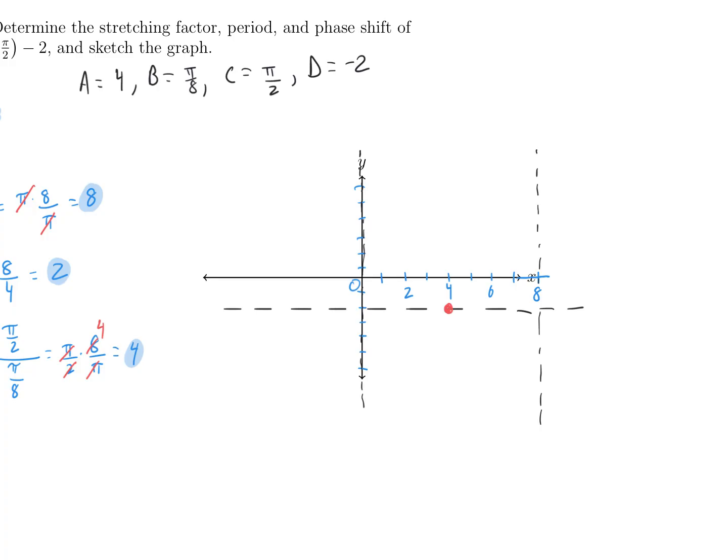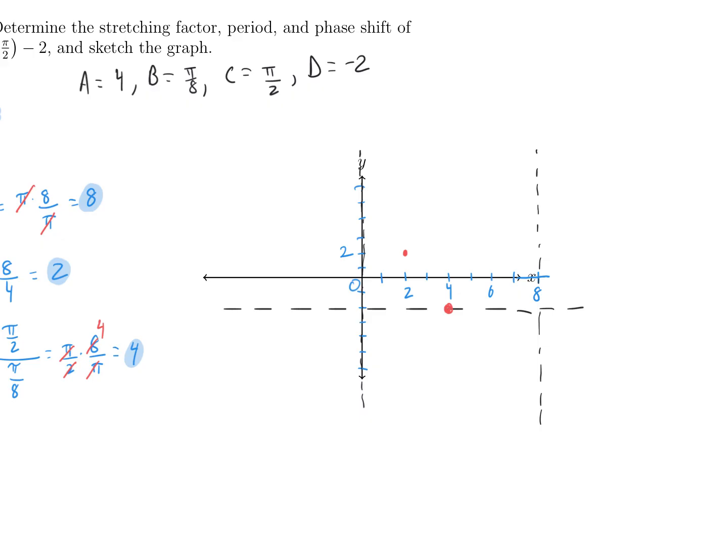At this interval, you're going to go up 4, stretch factor of 4 from the midline, so it's 1, 2, 3, 4. So that's going to occur at 2, because our midline is -2, and you have to go up 4. At the other increment, you go down 4.